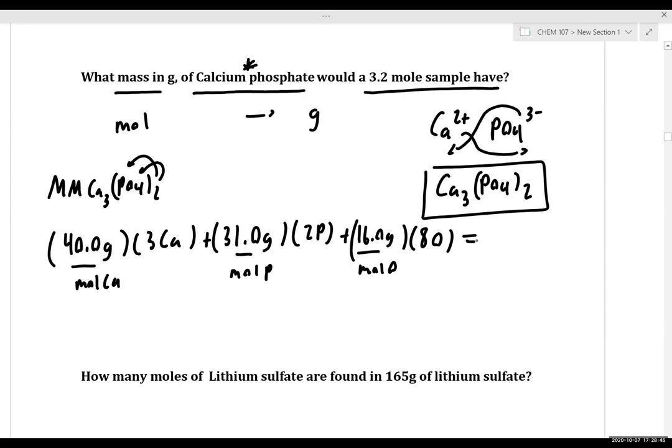Punching this into our calculator, that in turn gives us a molar mass of 310.0 gram per mole.